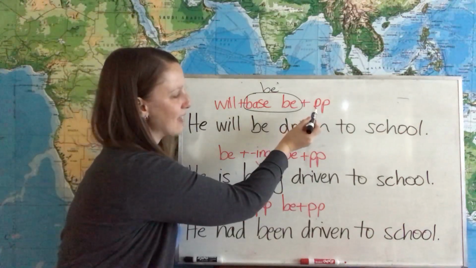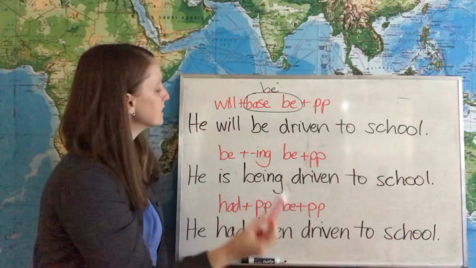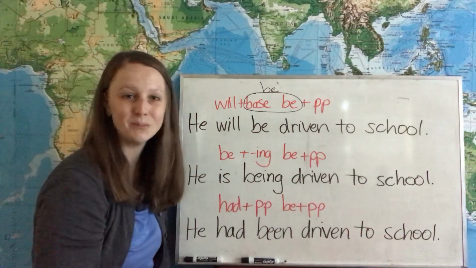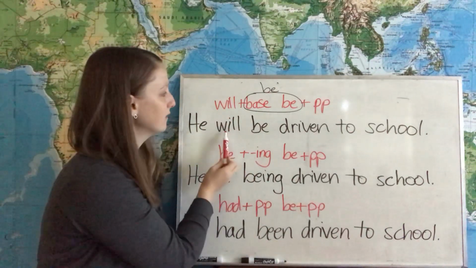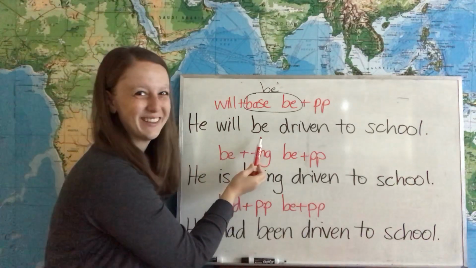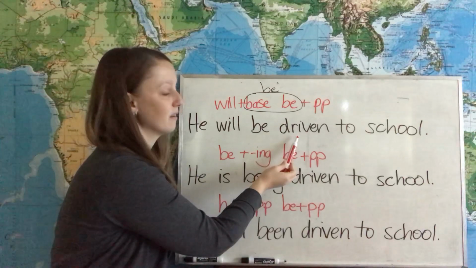And then the past participle. Here's our example. Tomorrow, he will be driven to school. We have will. We have the base form of be, which is be, and we have the past participle of the main verb, driven.